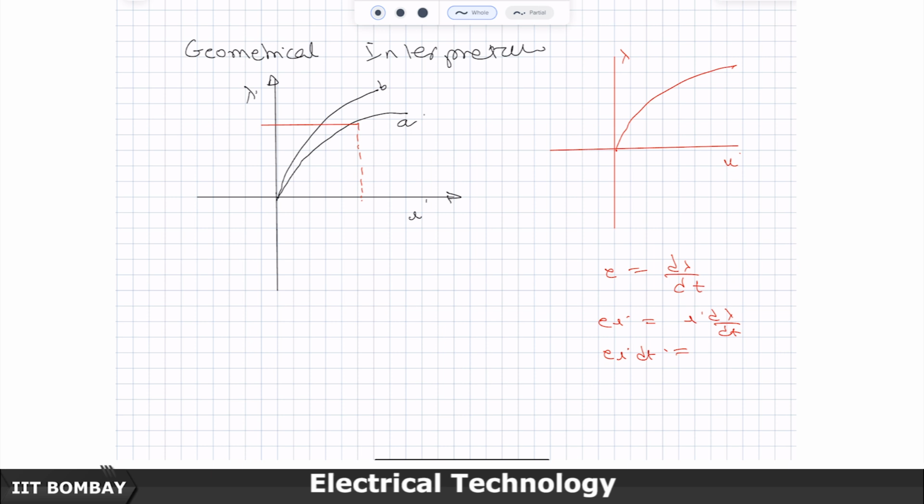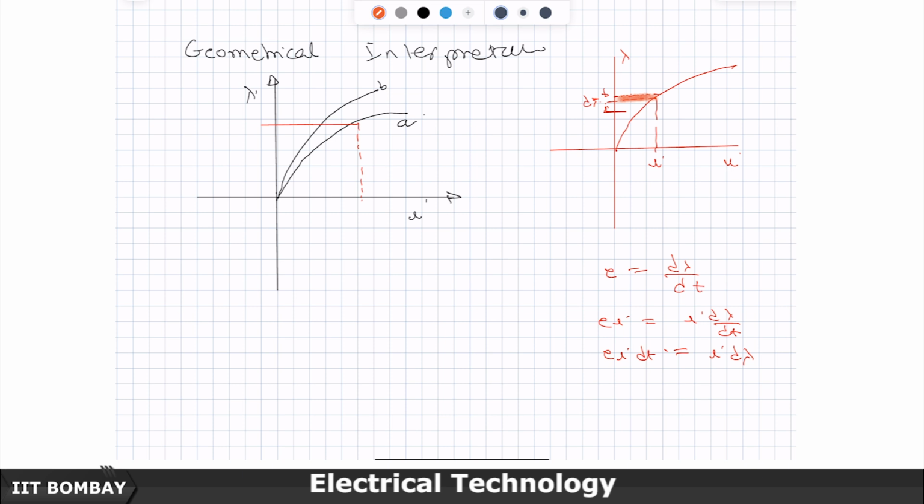E I dt will be equal to I times d lambda, when there is no mechanical work being done, the system holding on to a fixed configuration. So, if I am here at I, then this is the lambda, and then I do a d lambda. So, this small area is the incremental step here.